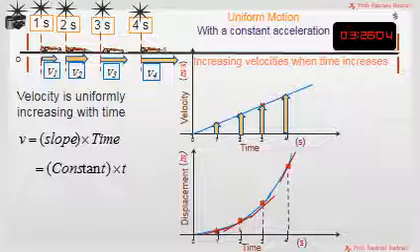The velocity from this straight line is actually equal to a slope multiplied by time. And this slope, of course, is going to be a constant, and this constant has a physical meaning.